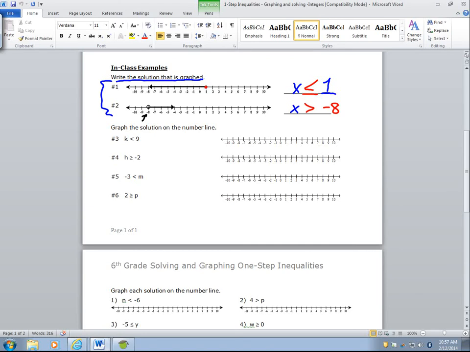Good. It's not equal to negative 8 because there's no greater than or equal to. So we have X is greater than negative 8. Everything greater than negative 8, that's the answer. Good? Okay.